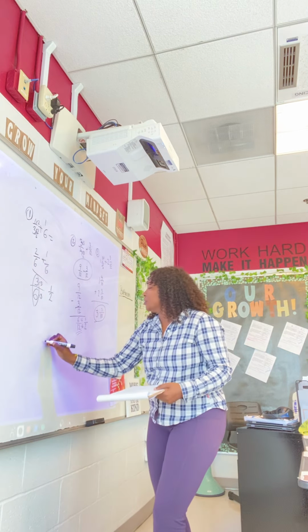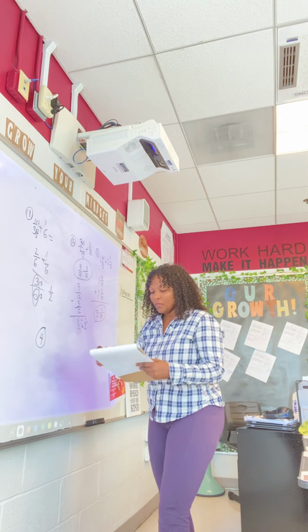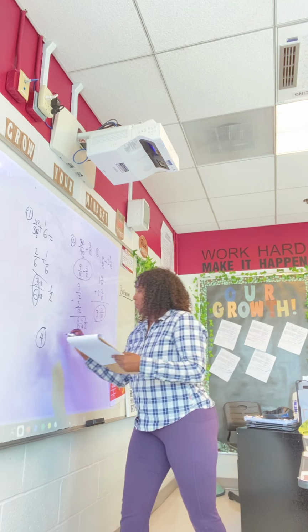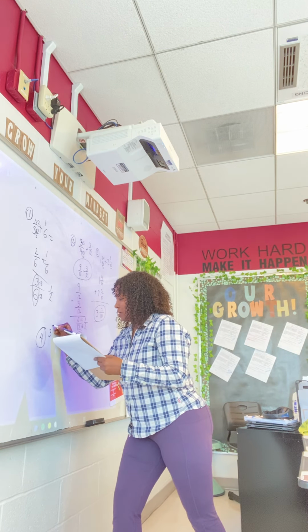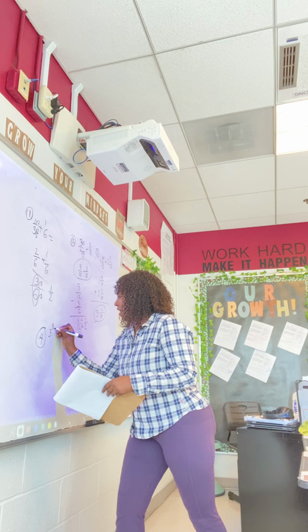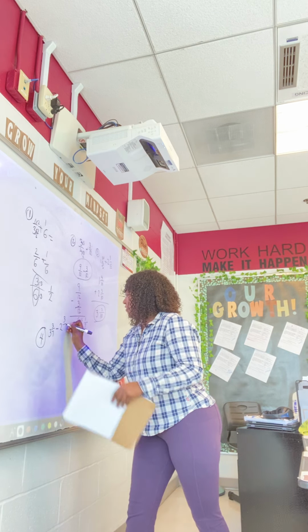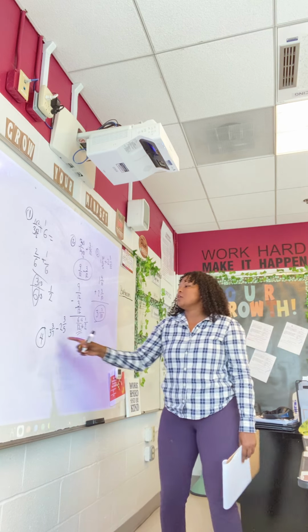So let me do question number 4 here. What does question number 4 say? Solve for 3 whole and 3/7 minus what? 2 whole and 3/5. Do I have the same denominator?